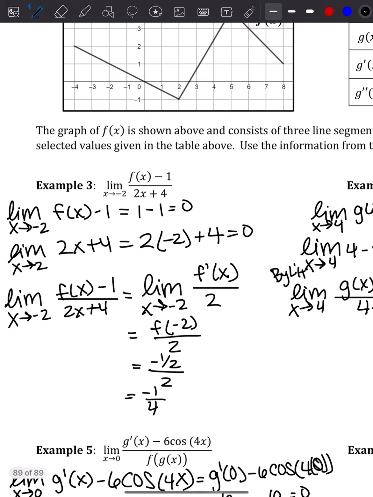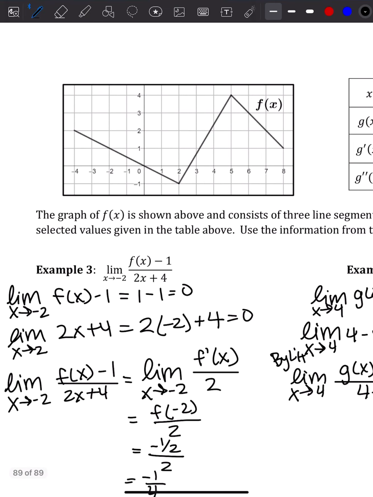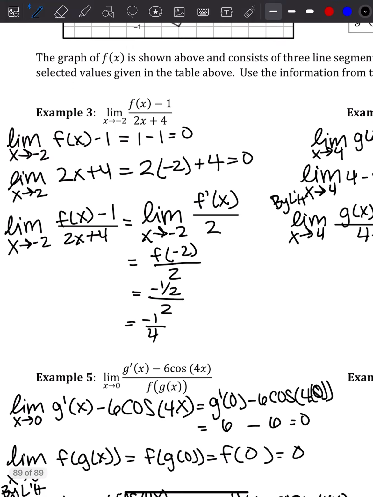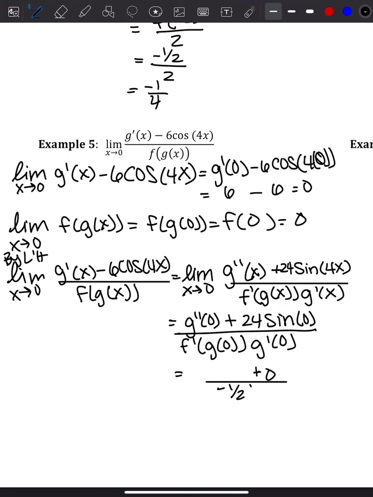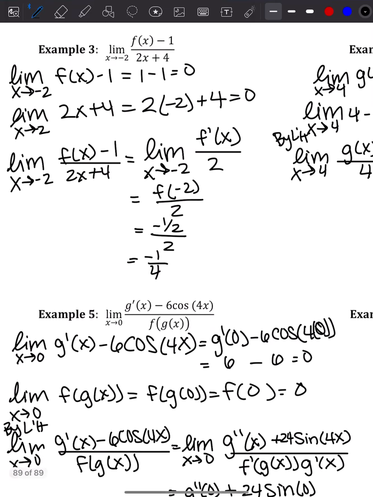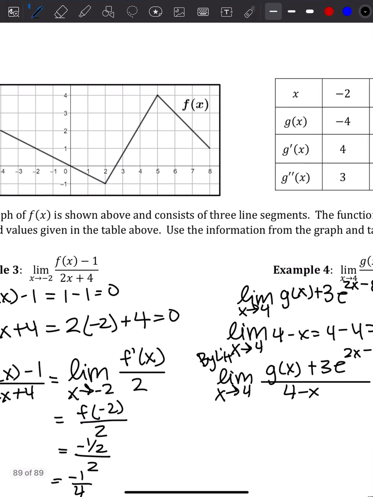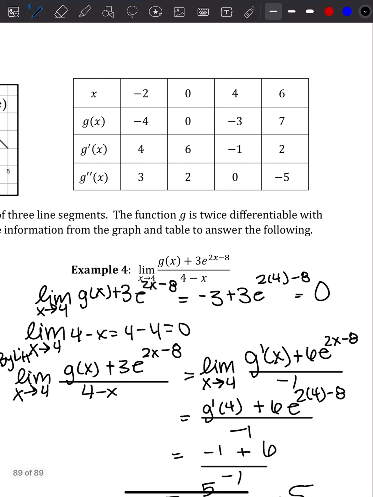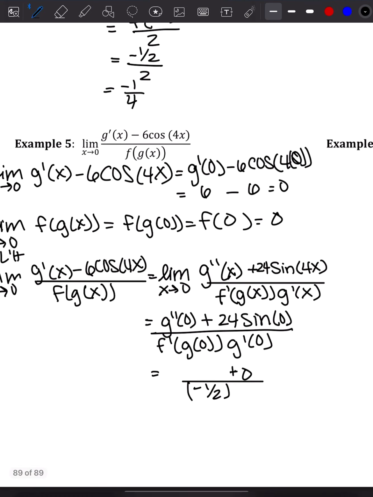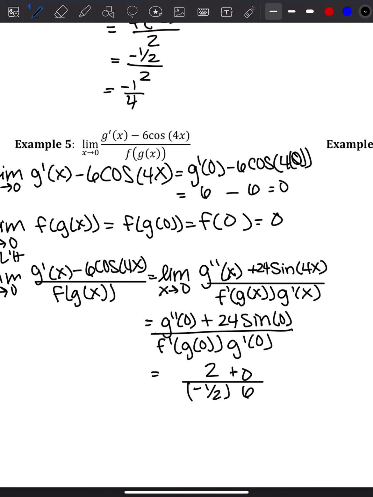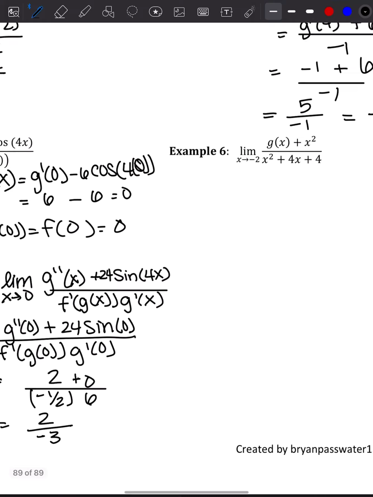So the slope at 0 is that negative 1/2 again. So we need to figure out g double prime of 0 and g prime of 0. G prime of 0 is 6, g double prime of 0 is 2. So we get 2 divided by 6 times 1/2, which is 3, so negative 3, so negative 2/3.